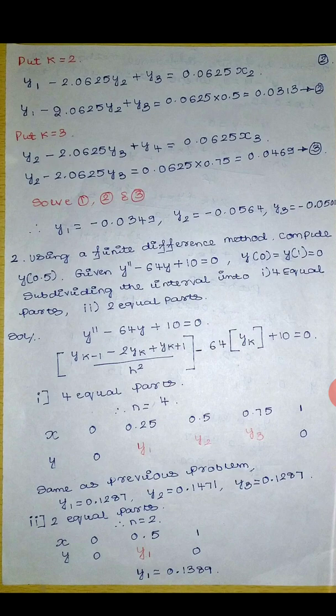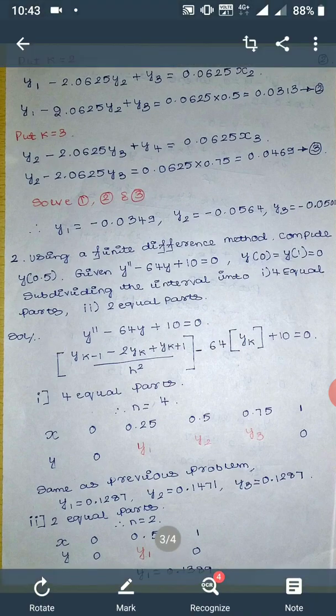So next, the second problem. Let's see what is the difference which we can see from the first problem. So here we have a problem using a finite difference method.